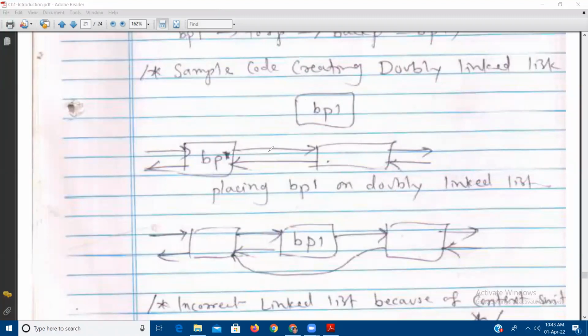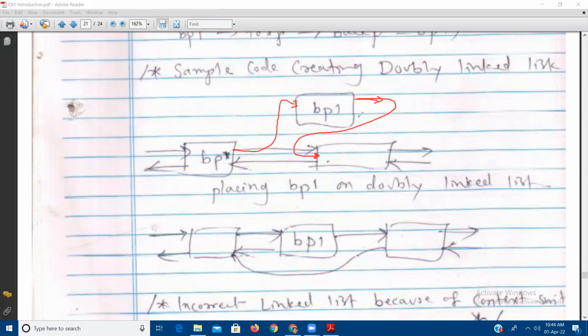Okay, so if I want to add this node over here, so I have to adjust this pointer. So like this, is it right? I have to adjust this pointer. Then this node will be having forward pointer and backward pointer, right? So this forward pointer should be adjusted like this here.